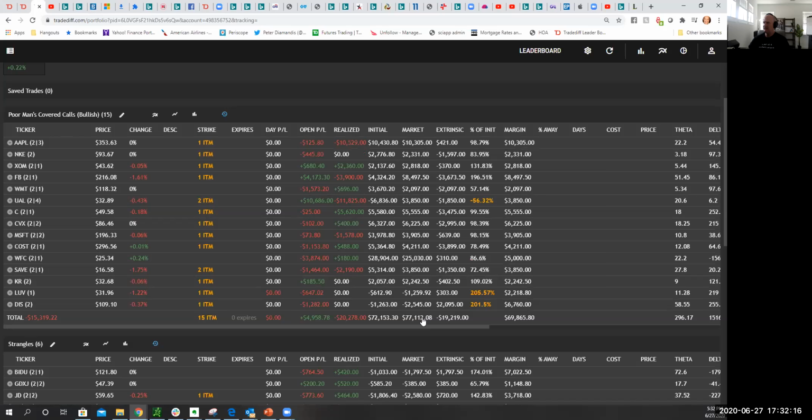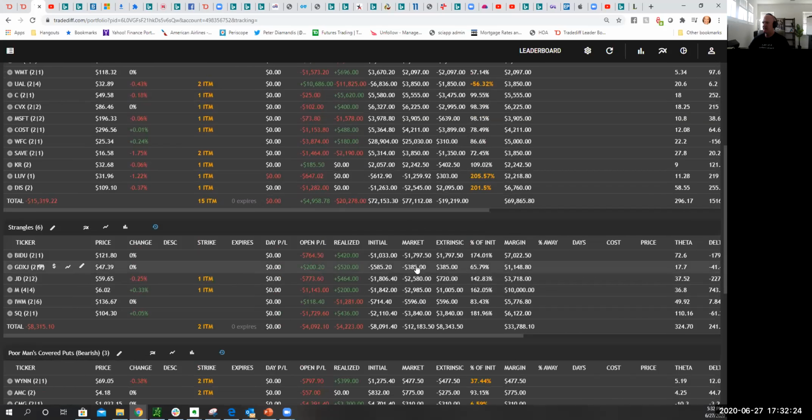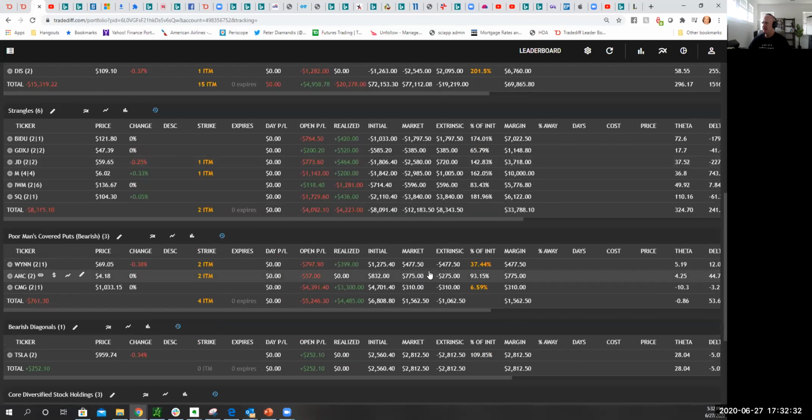So if you just look at the market value of all the poor man's covered calls, you get 77,000 worth of that, and then the market value of the strangles, which have a lot of bullishness in them. But you look down here at the bearish, and there's only like $1,500.